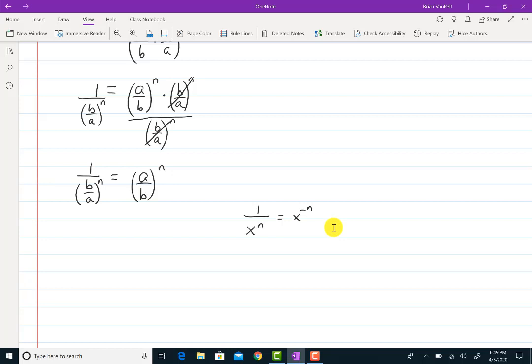So we had that rule from before. And this time, playing the role of x will be this quantity here. This b over a quantity will play the role of x. So the next thing I'm going to do is take that b over a and have it raised to the negative n.